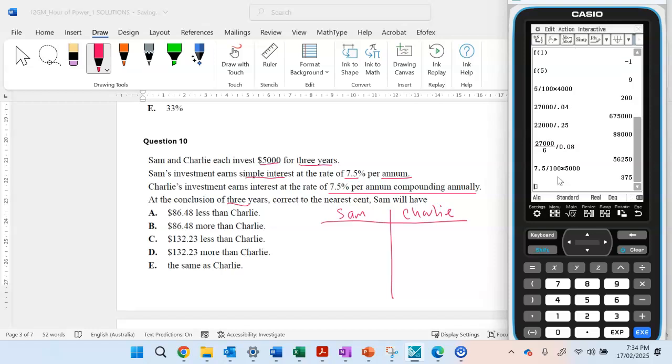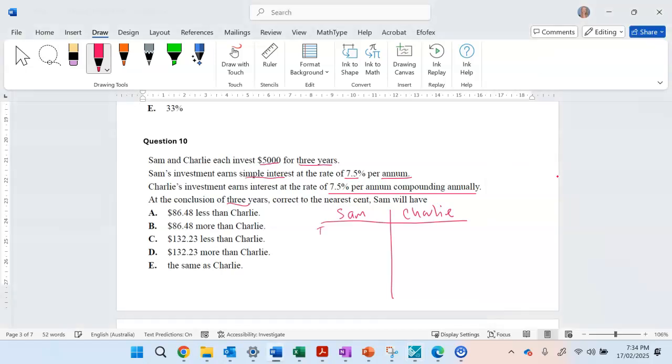So he's getting $375 interest each year. Let's multiply that by 3. So he earns $1,125 in interest. You can add that on, so he basically ends up with $6,125 after the interest is added.